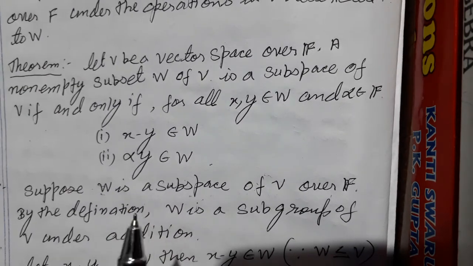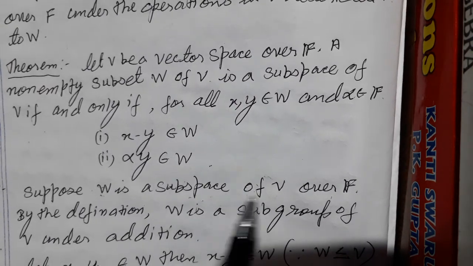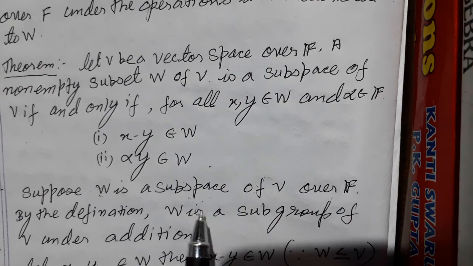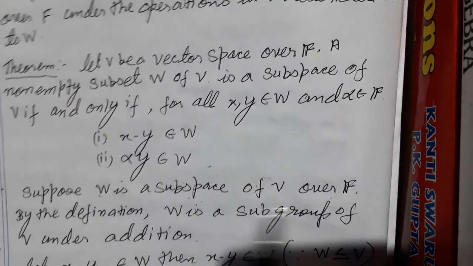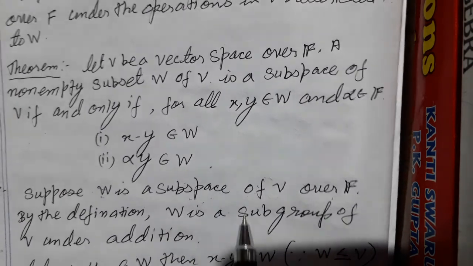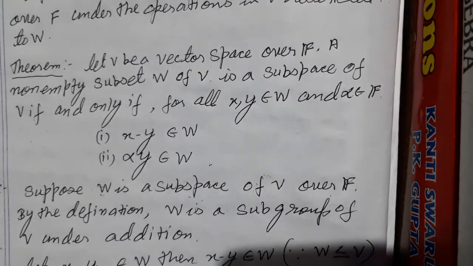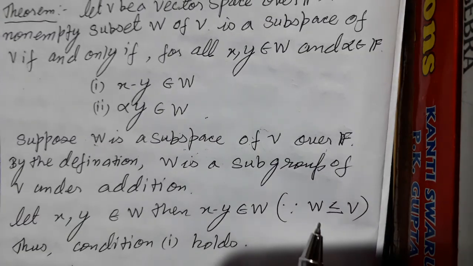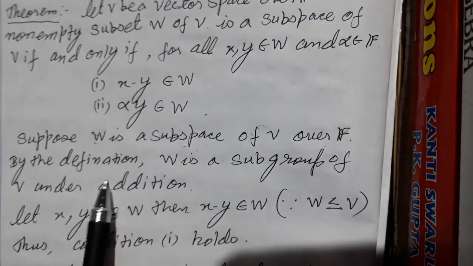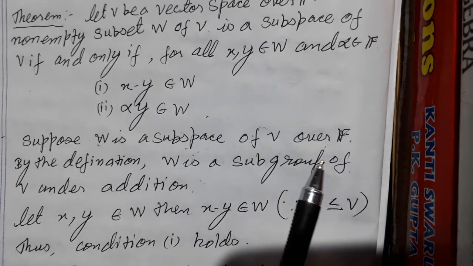Since V is also abelian and W is a subset of V, W should be a subgroup of V under addition.